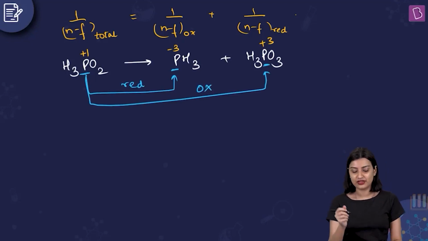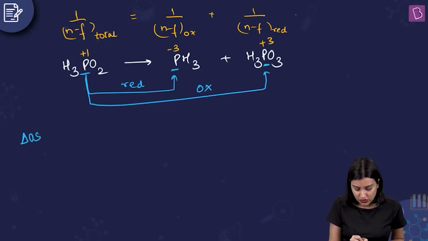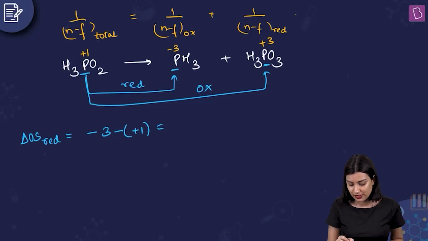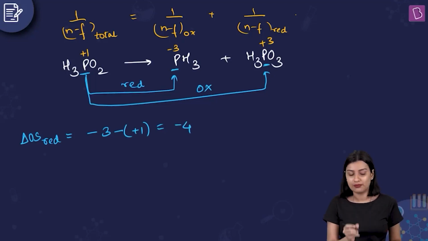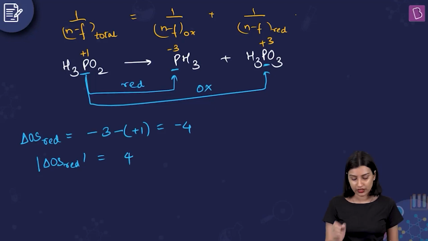Now find out the n factor for these respective changes. First of all, the change in oxidation state for reduction is going to be -3 minus (+1), so -3 minus 1 is -4. We only need the magnitude, so the value we'll be taking is 4.